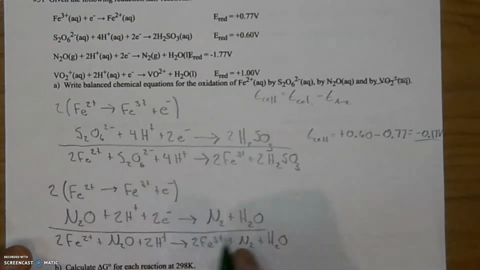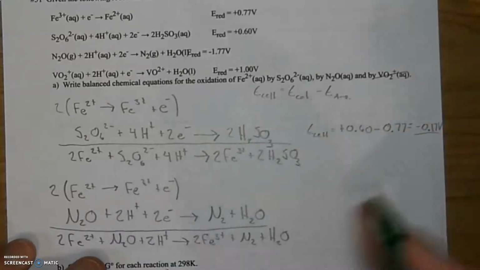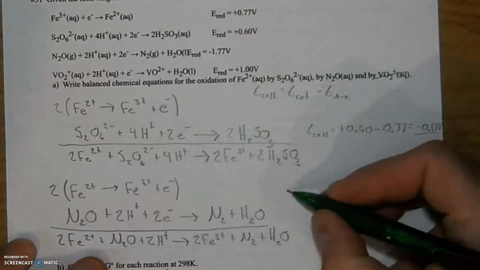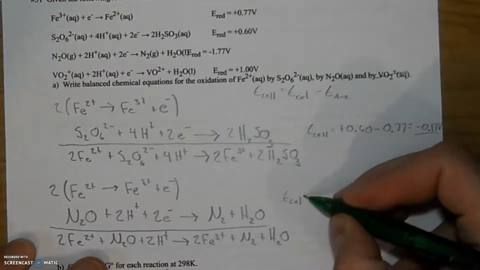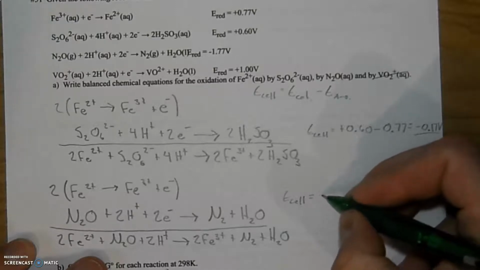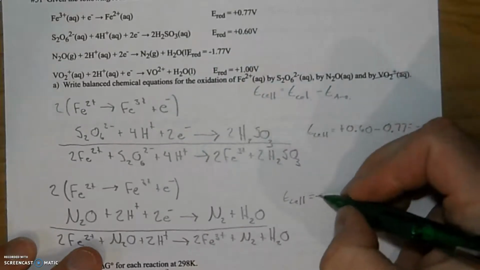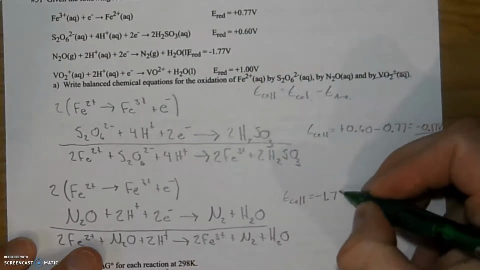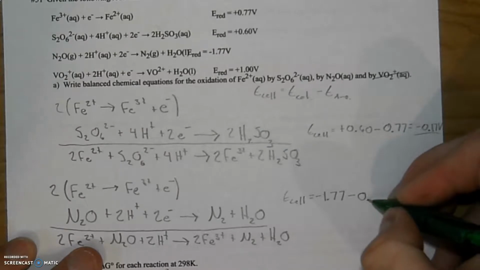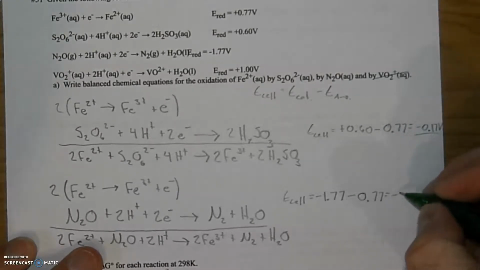For the next one here, again, the second equation is gaining the electron, so this one is written first at the cathode. So E for the cell is equal to, what do we have? It's something different. Negative 1.77 minus the positive 0.77, and that is going to be negative 2.54 volts.